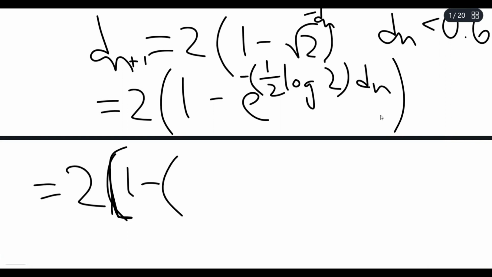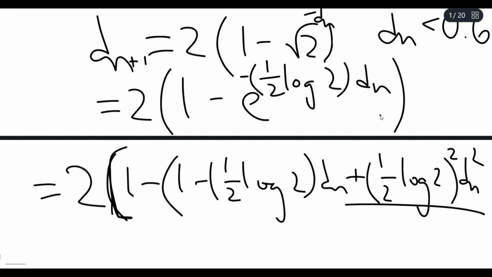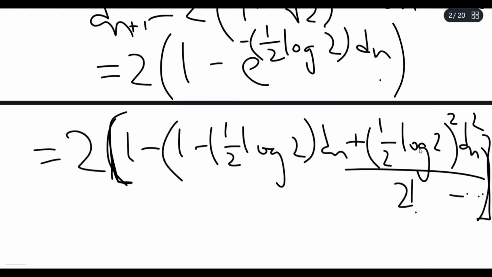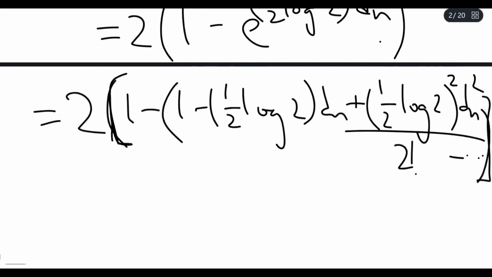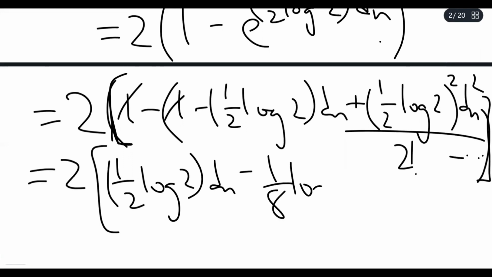So when I use the Taylor series of e to the x, I get 1 minus a half log 2 d_n plus a half log 2 squared d_n squared over 2 factorial. Okay, and the terms get messier, but that's all I need, actually. Because, well, the ones drop out. So I'll get 2 times a half log 2 d_n minus an eighth log 2 squared d_n squared, and so on.